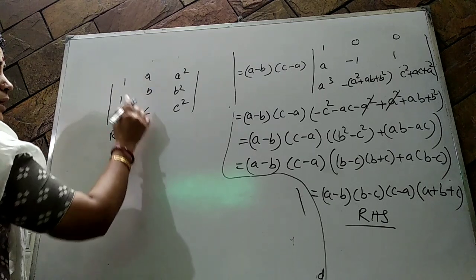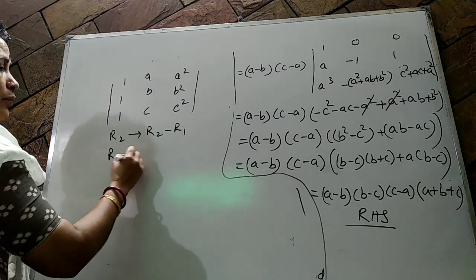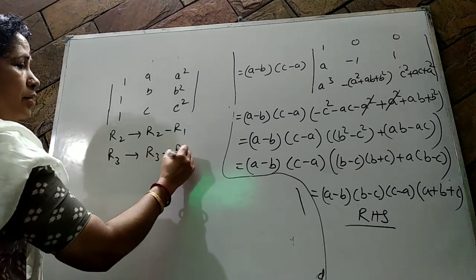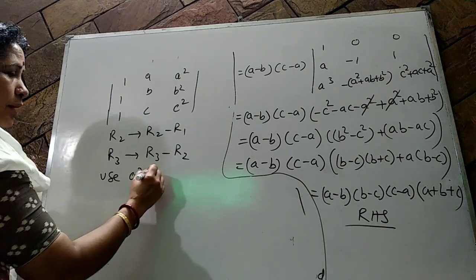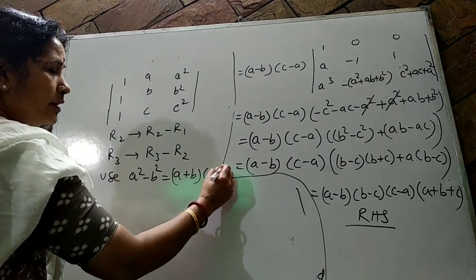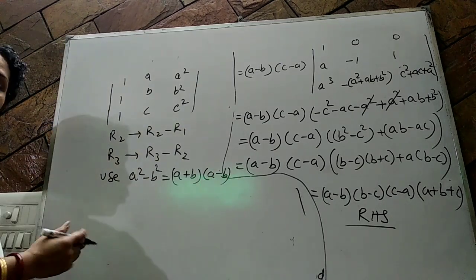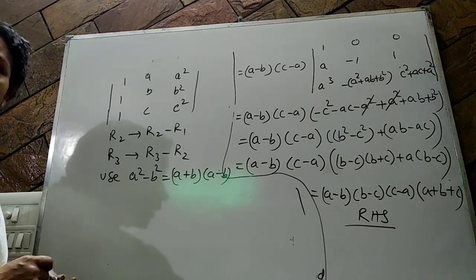R2 can be written as R2 minus R1 to get 0, and R3 can be written as R3 minus R1. Then you have to use the formula: A square minus B square can be written as A plus B into A minus B. Then take out the common element, then open the determinant and you will get the answer. Is it clear, better? Can you do the homework?